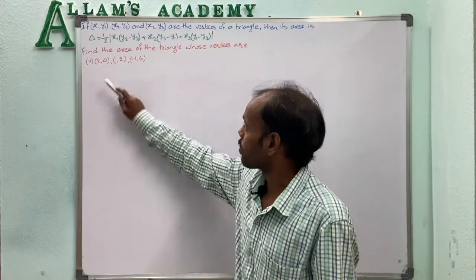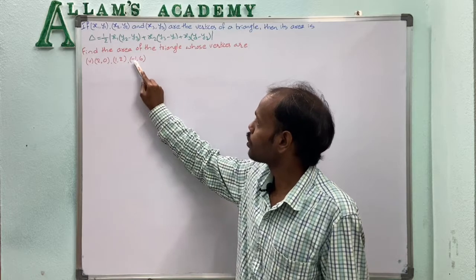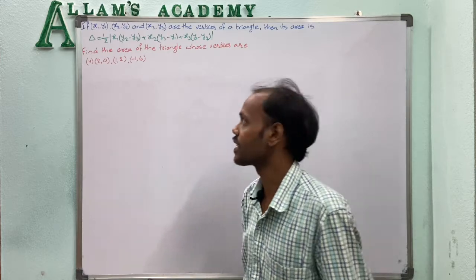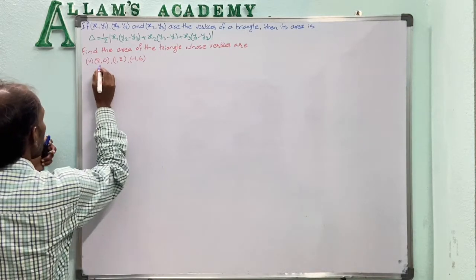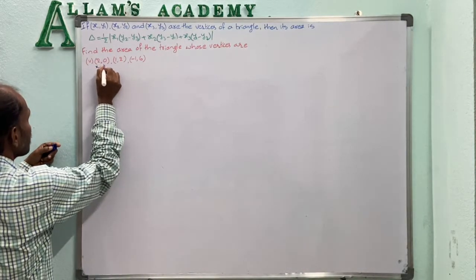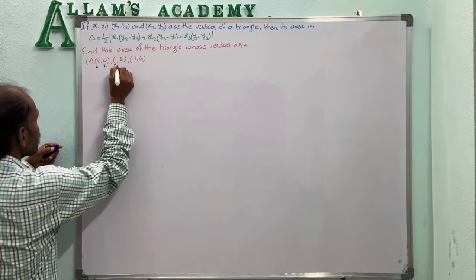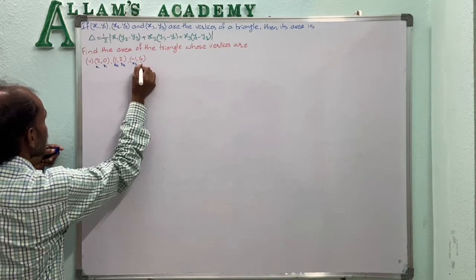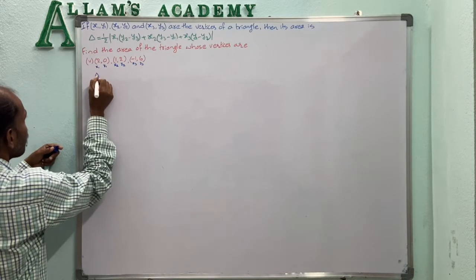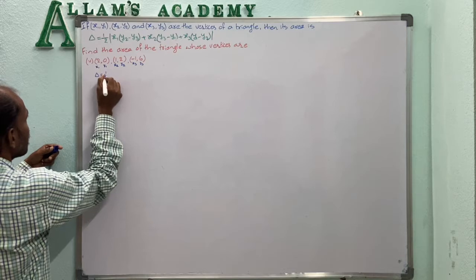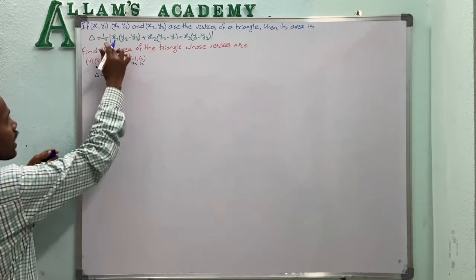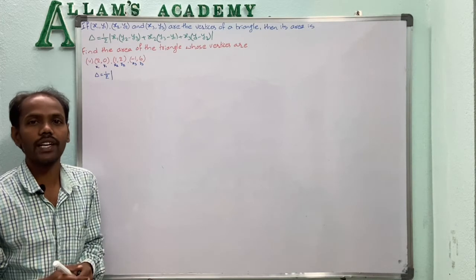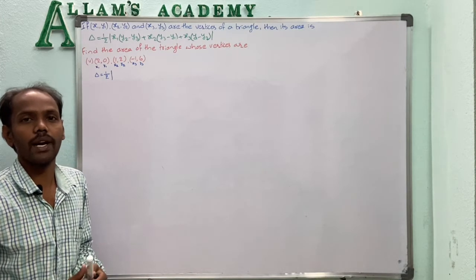Now the given problem: 2, 0, 1, 2, minus 1, 6 are the vertices of the triangle, find its area. Here 2, 0 are x1, y1 coordinates, 1, 2 are x2, y2 coordinates, and minus 1, 6 are x3, y3 coordinates. If the vertices of a triangle are given, then its area is half mod x1 into y2 minus y3 plus x2 into y3 minus y1 plus x3 into y1 minus y2.